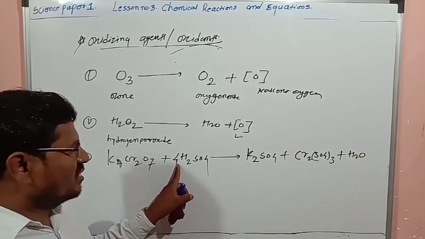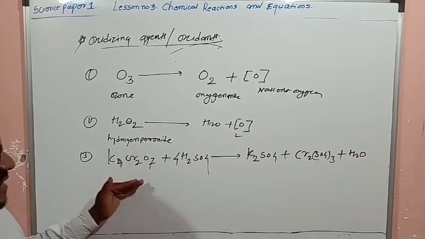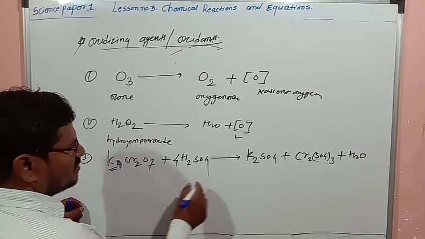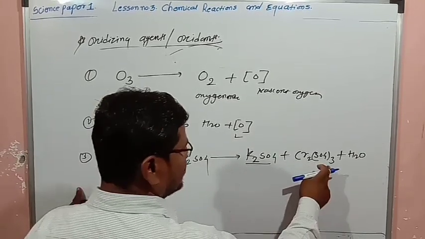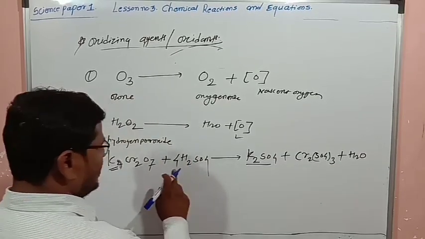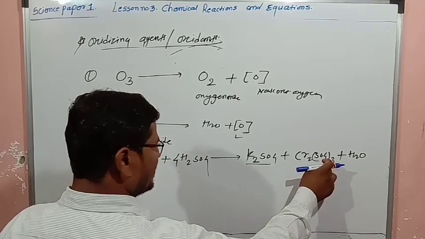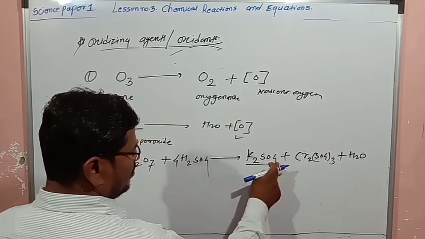How many H2 are there? 4 H2O molecules will be there. Here it is important to know that K2SO4 and Cr2(SO4)3 use 1 and 3 SO4, so 4 SO4 are there.